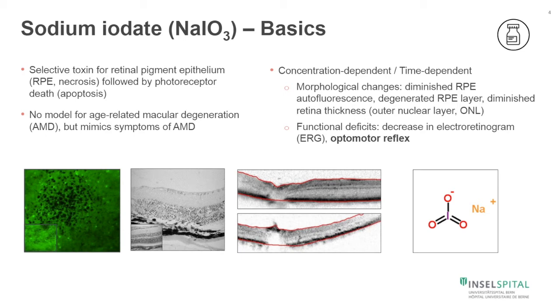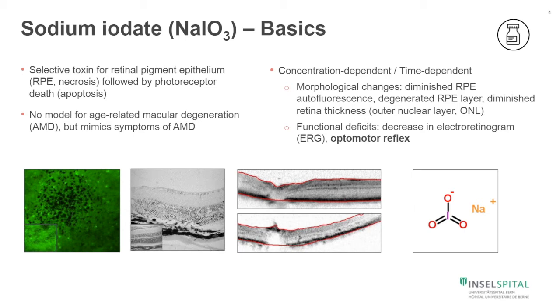The sodium iodate model mimics only symptoms of dry AMD, but you have to be careful. You cannot name it an AMD model because mice have no macula. The model itself is characterized by concentration-dependent and time-dependent changes, especially in the morphology of the retina.